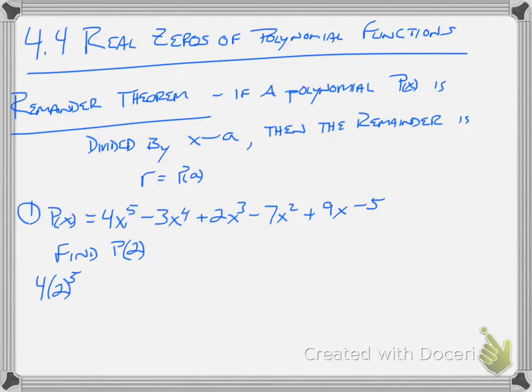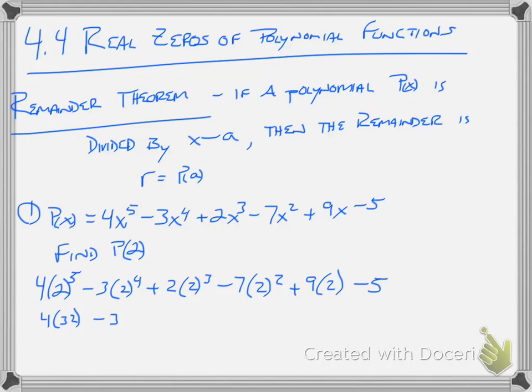So I have 4 times 2 raised to the fifth, minus 3 times 2 raised to the fourth, plus 2 times 2 raised to the third, minus 7 times 2 squared, plus 9 times 2 minus 5. Then to simplify, 4 times 32 minus 3 times 16 plus 2 times 8 minus 7 times 4 plus 18 minus 5.